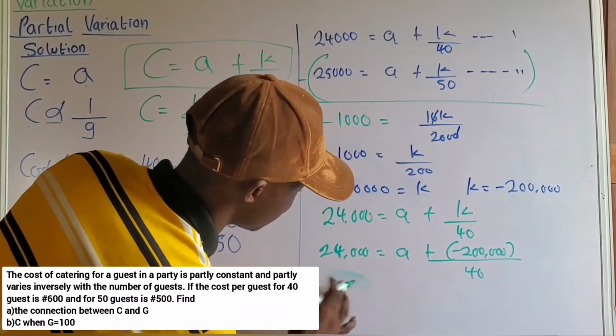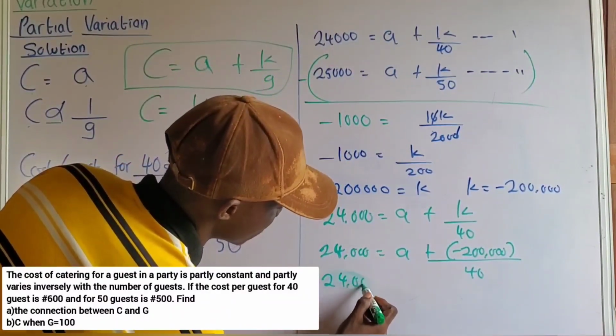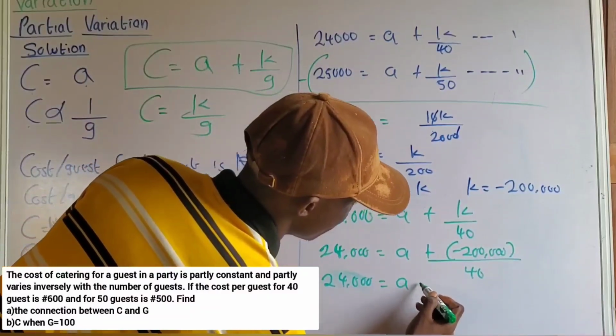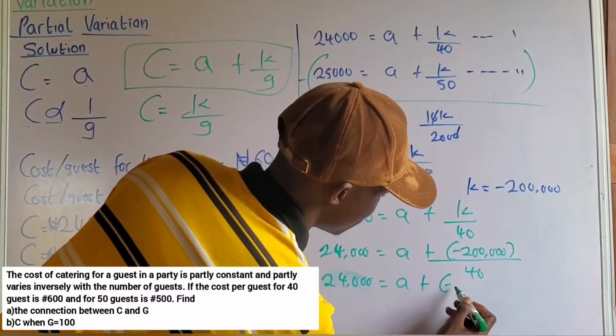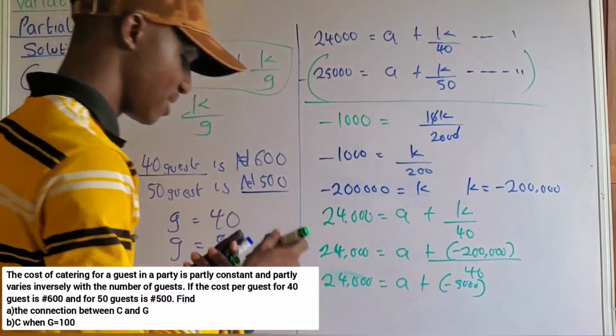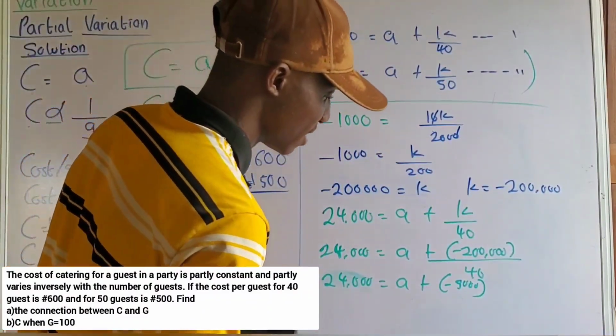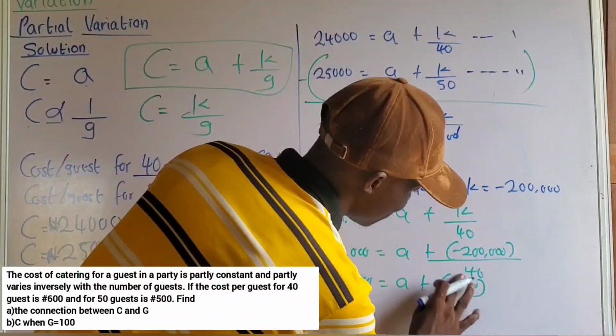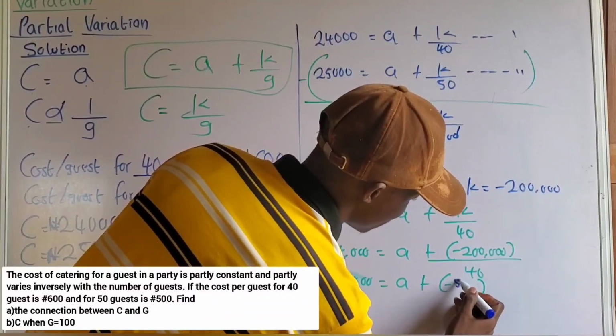Sorry, let me write it very well. 24,000 equals a plus minus 5,000. Do you understand? Let me explain. Let me write this very well. Minus 5,000.